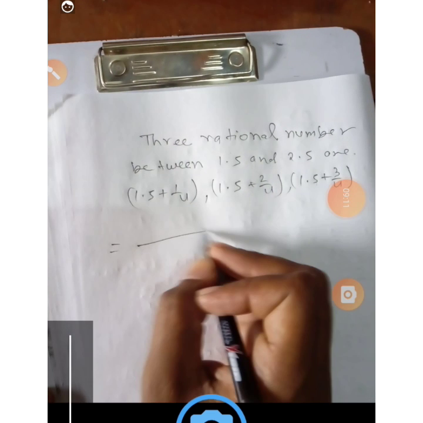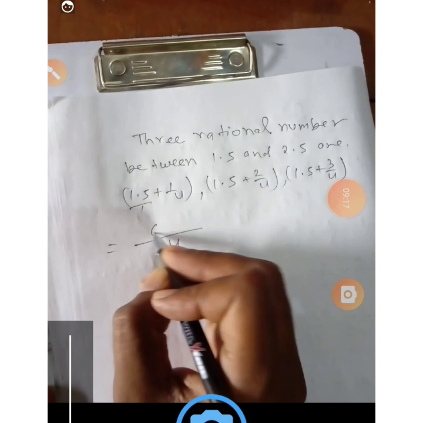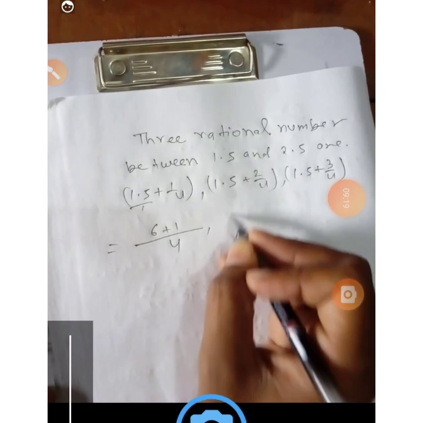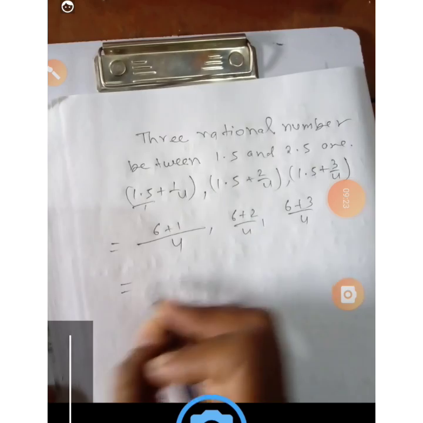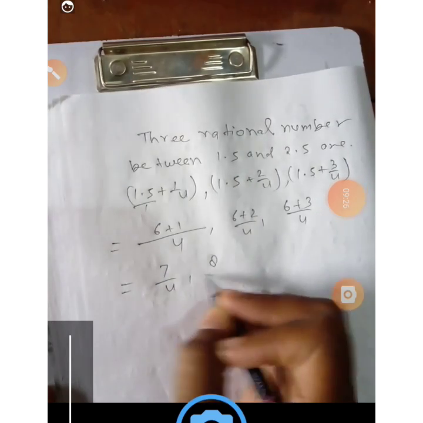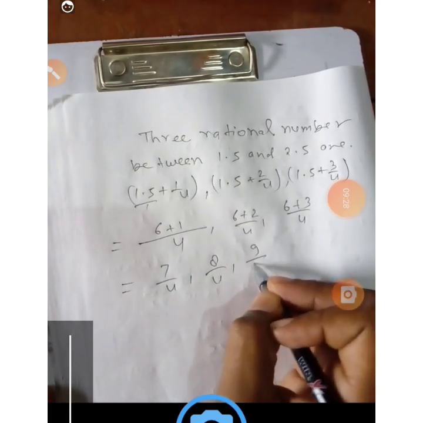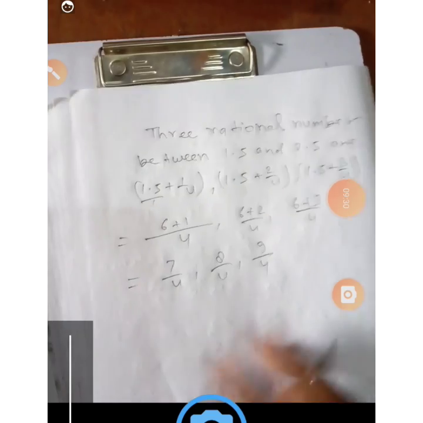Checking, 6 by 4 plus 1 by 4 is 7 by 4, then 8 by 4, and here 9 by 4. So this is the value.